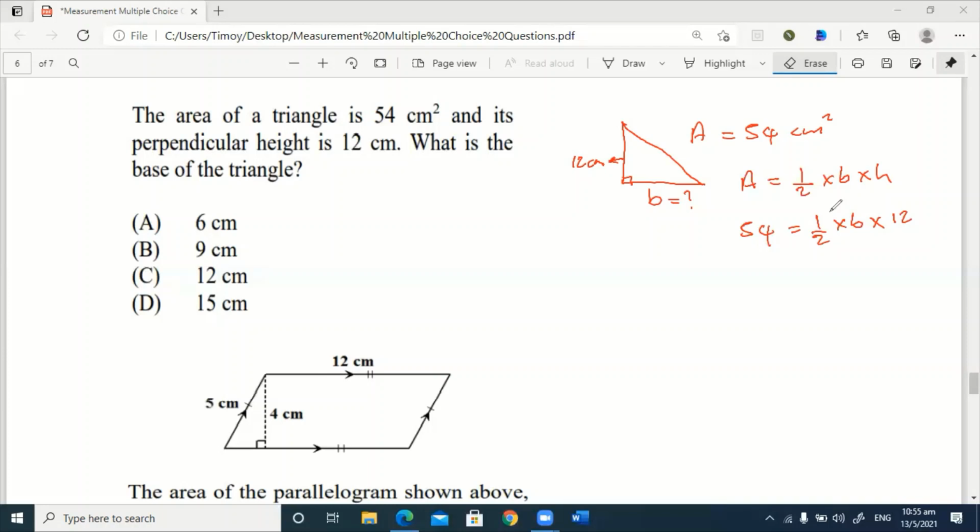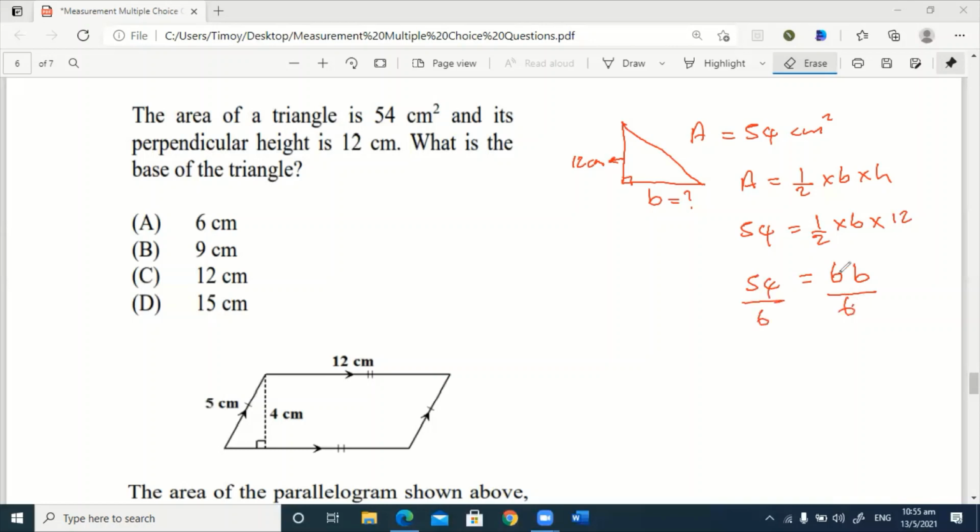From this now, you just use your algebra skill to solve for B. What's half of 12? Half of 12 is going to be 6. So on this side, we're going to have 54 is equal to half of 12, which is 6, and 6 times B, that's just going to be 6B. Right? And from here now, to determine what B is, it's just a matter of doing the opposite, which is to divide both sides by 6 here.